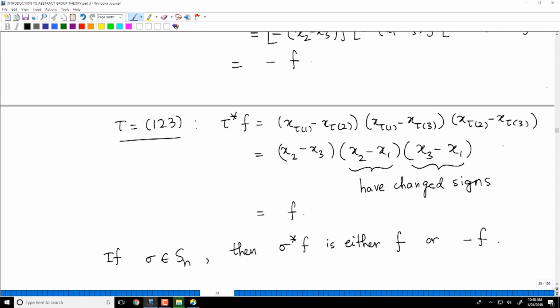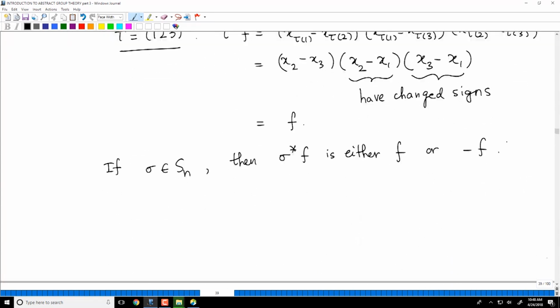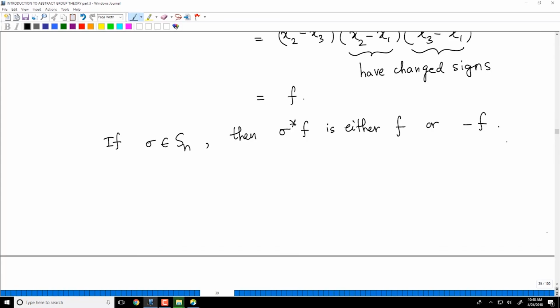That's what we found in these examples, right? It becomes either f or minus f. Of course, doing examples is not a proof of this. The examples are supposed to give you an idea of why it must be true and how to prove it.